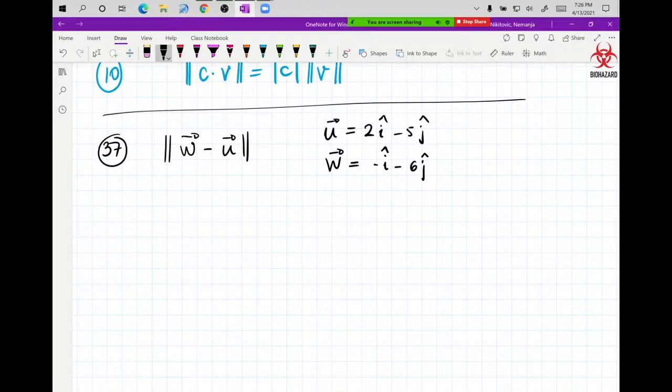So try this problem on your own for a minute or so. Should go quick, I hope.